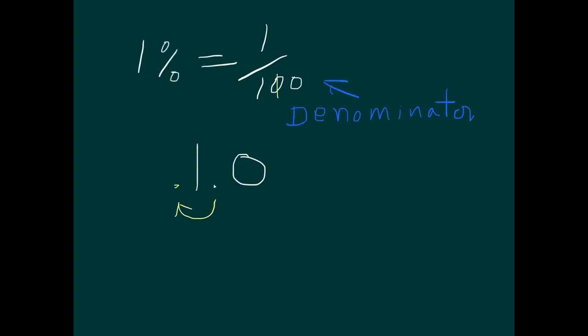If we want to remove the second 0, we move the point 1 more place. So this basically becomes just like this. Now this is our percentage in decimal form.